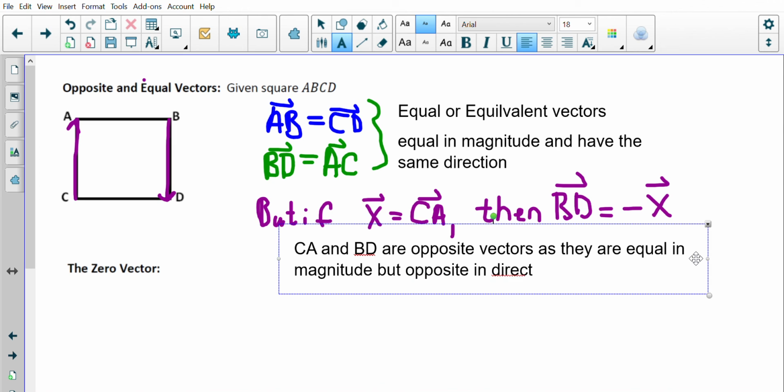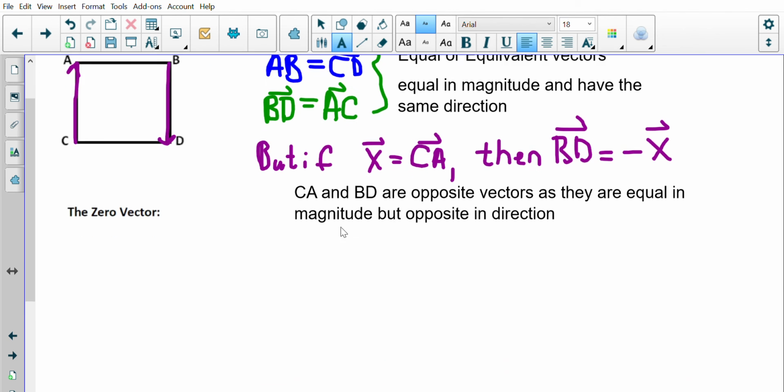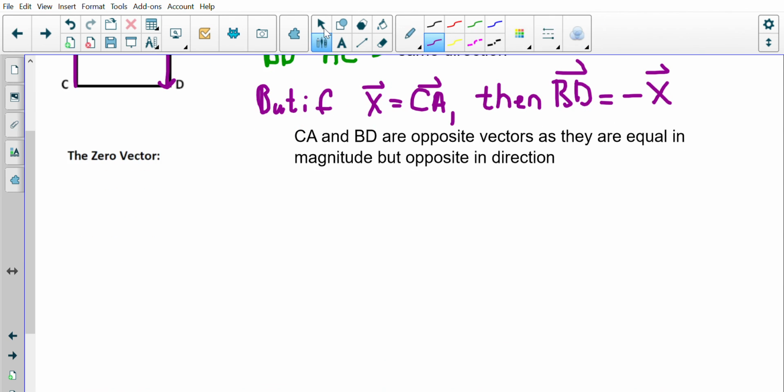And that makes them opposite vectors. So you've got to have the same magnitude but opposite direction for opposite vectors. You have equal vectors where both things are equal. Now, a rarity, but it does happen, is the zero vector, the old zero vector, which I write with a big zero and a vector symbol over it. And so again, this is our zero vector.